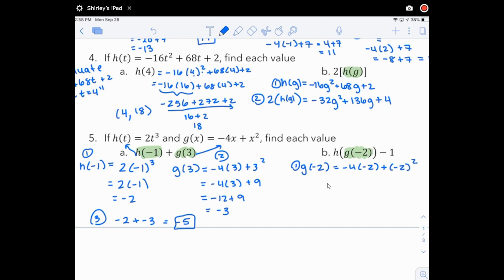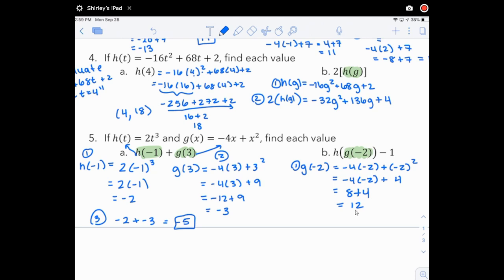Order of operations, take care of my exponents. Negative 2 times negative 2, or if my power is even, my answer is always positive. I have negative 4 times negative 2, which is 8. So then I can simplify that as 12. And then again, keep in mind that I'm not done yet. What I have here now is that g at negative 2 is equal to 12.